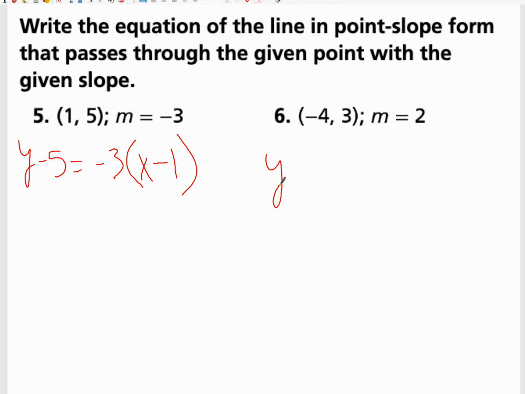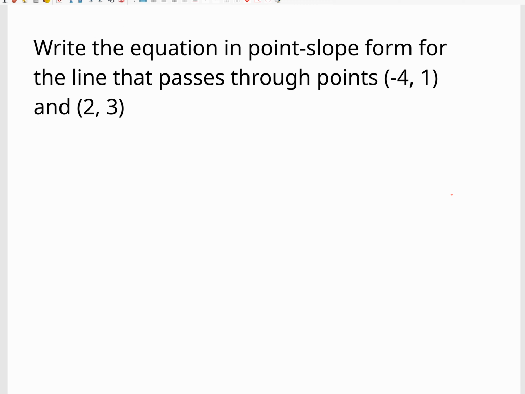Y minus 3 equals 2 parentheses x plus 4. Good. Plus 4 because it's a negative. So minus a negative, we would do plus. That seems pretty simple. Seems like you guys are on board with that.